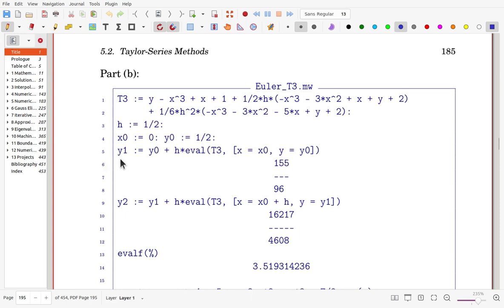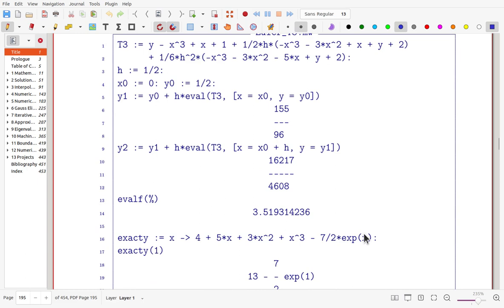And y sub 1 is y0 plus h times the evaluation of T3 at x0 and y0. We get that one. There's y1. y2 is now y1 plus h times the evaluation of T3 at x1 and y1. So we can get that one here.